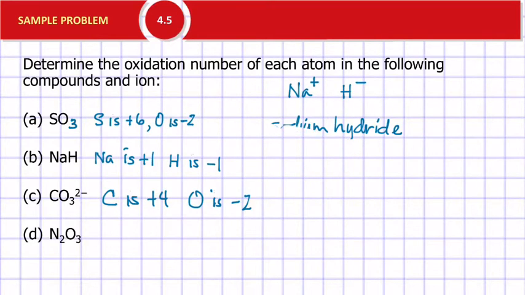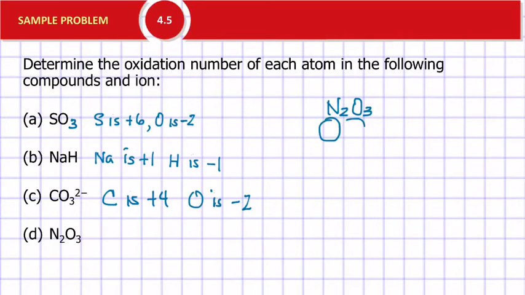One last example of this. N2O3. How would we name that? Dinitrogen trioxide. It's a molecular compound, 2 nonmetals. N2O3. So we need circles and boxes here. Nitrogen and oxygen.